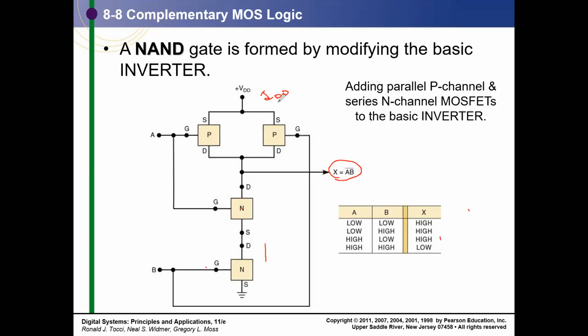This current IDD is 0. Static current drawn in this circuit is 0, and therefore static power of CMOS is 0. That is the most powerful characteristic which drove CMOS into the market 30, 40 years back.